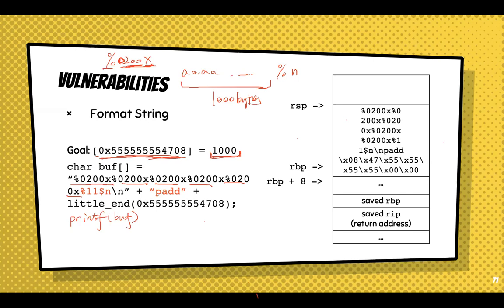So after that, I know that at this point, I am able to output 1,000 bytes. And that is the time that I need the format string to output something to store to the address that I want, right? So next what I'm going to do is put this times 5 and then followed by this %n.